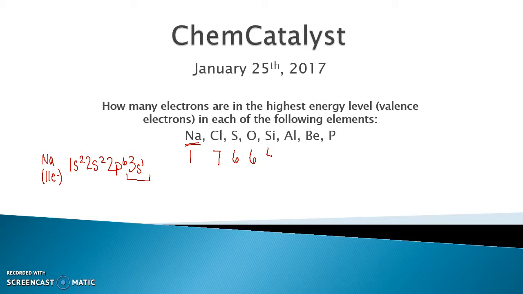Aluminum is in group 3A, beryllium's in group 2A, and finally phosphorus, right below nitrogen, is in group 5A. So that was an easy way to answer this question. Hopefully you caught that. Otherwise, we'll have a lot of chances to practice that later on.